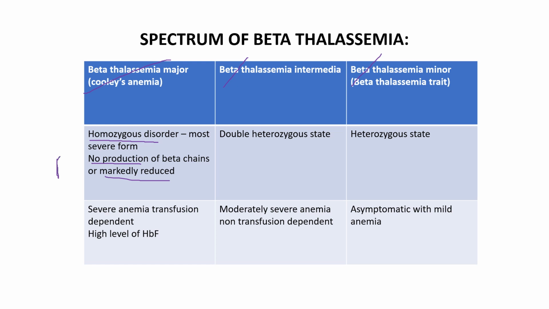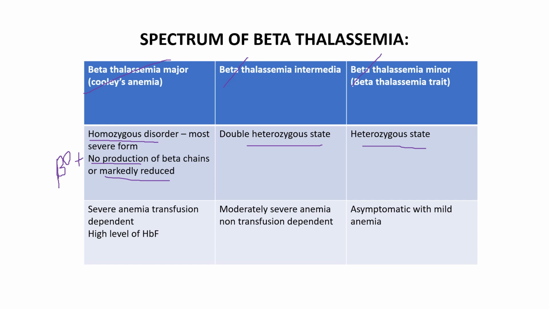If there is no production, it is written as beta 0. If it is reduced production, it is written as beta plus. So beta thalassemia major is a homozygous disorder, beta thalassemia intermedia is a double heterozygous state, and beta thalassemia minor is a heterozygous state.